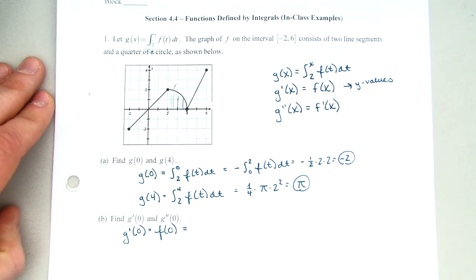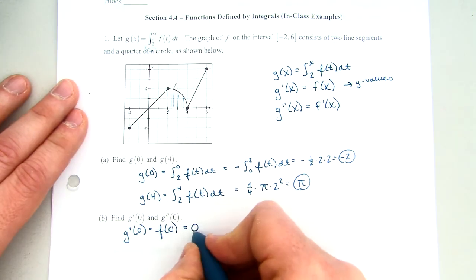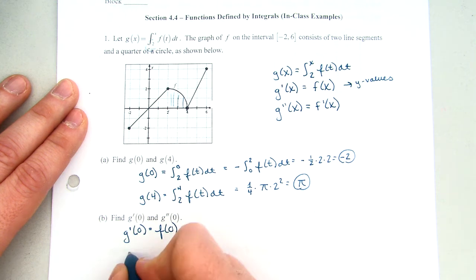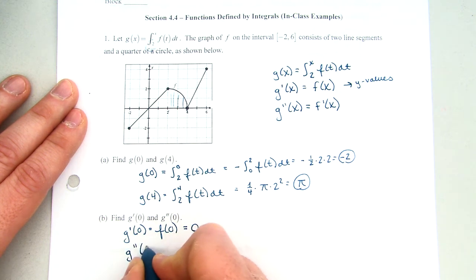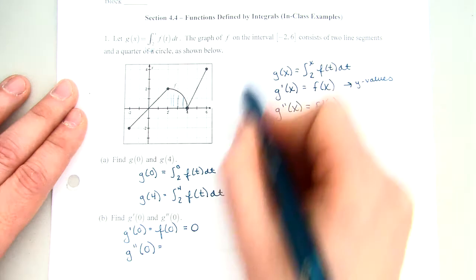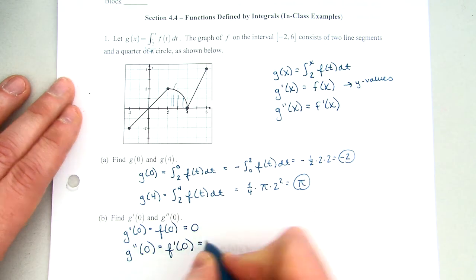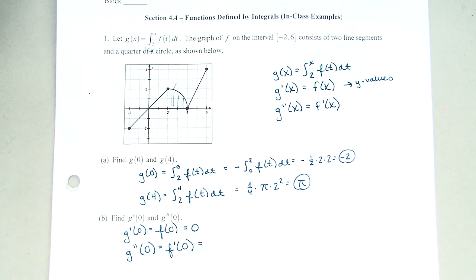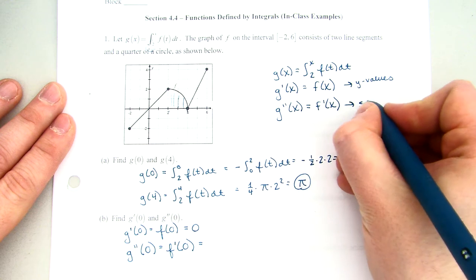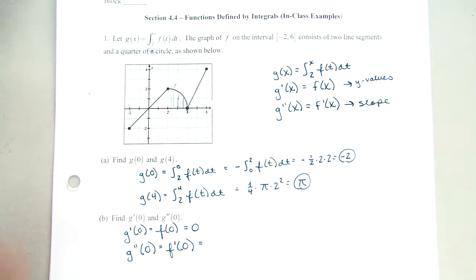So what is f of 0? 0. G double prime of 0, according to the formulas that I created up here, will be f prime of 0. How do I find that from the graph? Slope. I think I'll make a little comment over here. That's my slope.